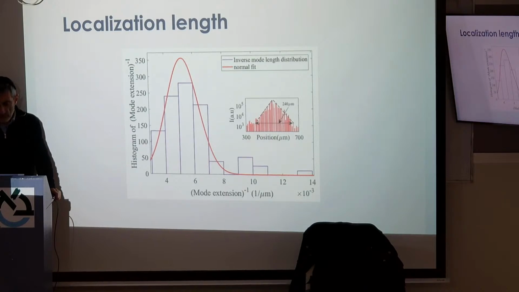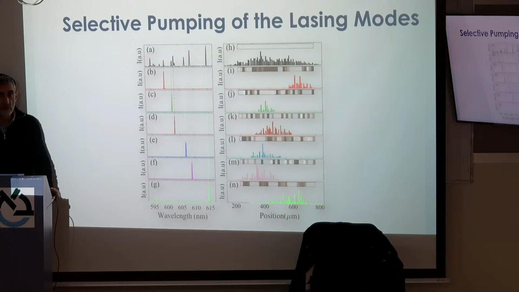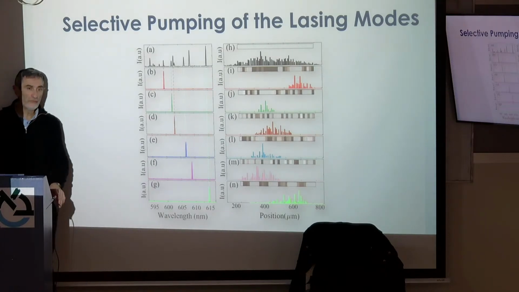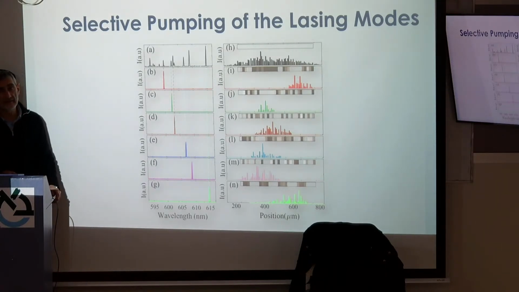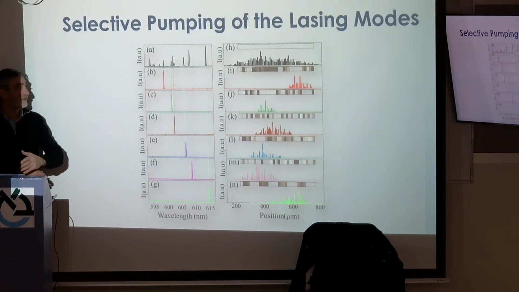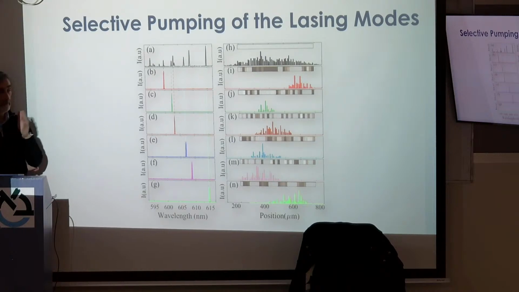Okay, I think I will stop here. That's a lot of information, but I really wanted to illustrate the course, going all the way to localization, and show you that this is a very rich field with a lot of promising directions. It can be imaging, it can be lasing, and there are other new directions.